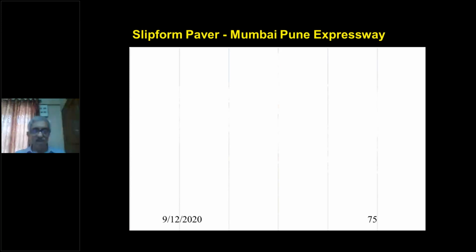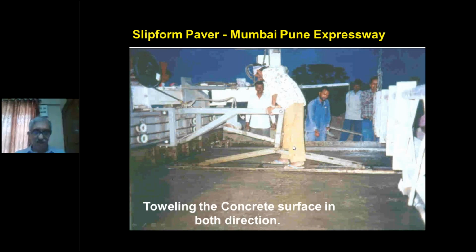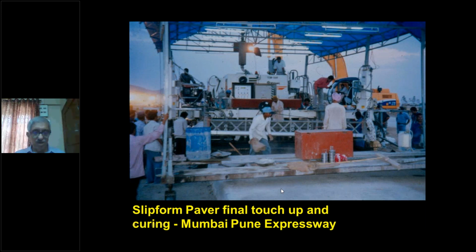Troweling was done on a very stiff but well vibrated mix. Sometimes the worker had to stand on the trowel to give weight, to give proper line and level to the road. A gang of workers followed.